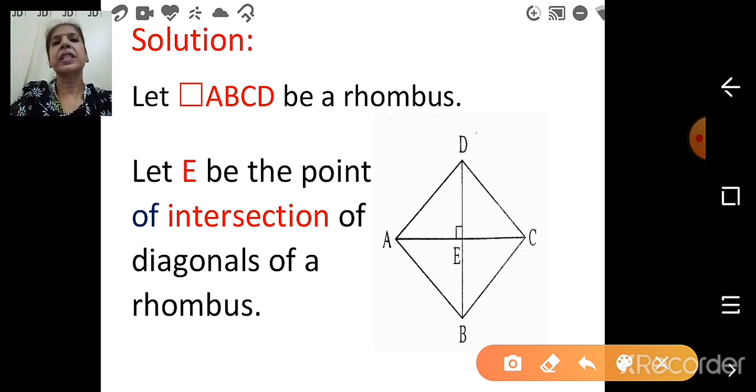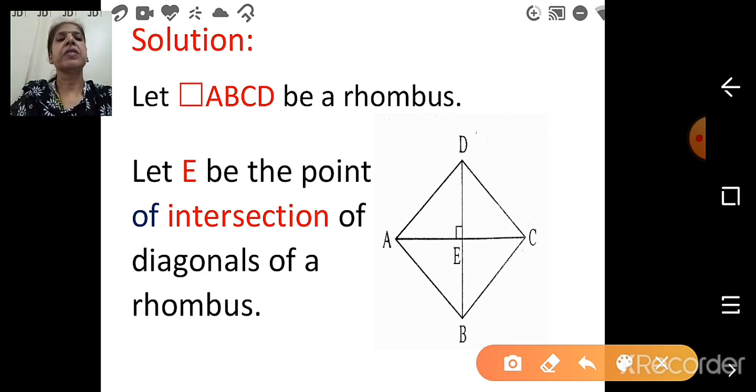Now what is Pythagoras theorem? Hypotenuse square is equal to one side square plus other side square. The side opposite to the right angle is hypotenuse. So here our hypotenuse is AD, our side 1 is DE, and our side 2 is AE.